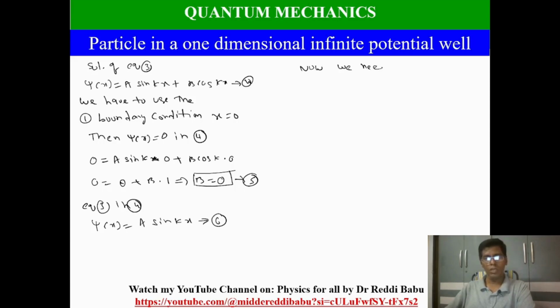After writing the sixth equation, now we need to use the second condition. What is the second condition? The particle has to reach the other limit at the ending, that is x is equal to a.